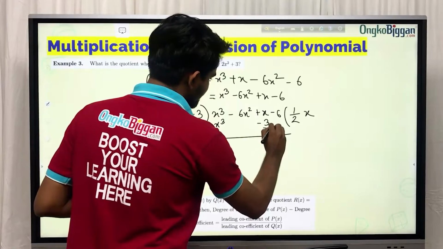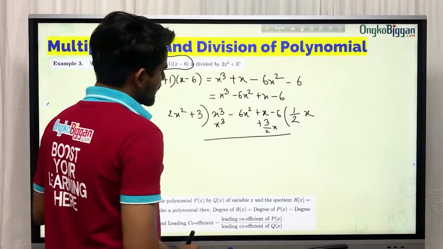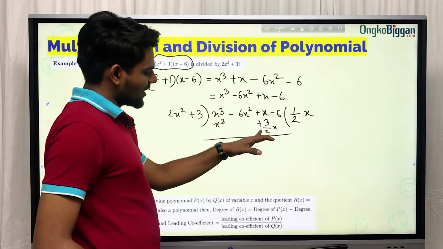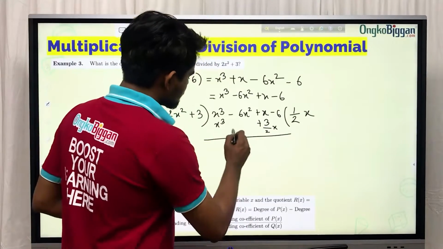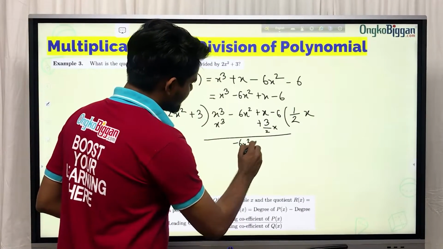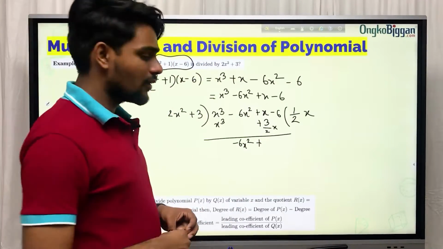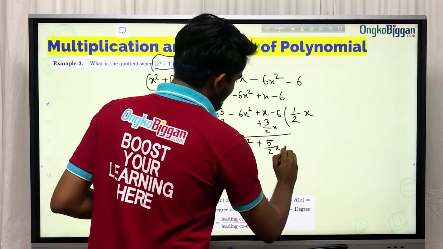So we have minus 6x square left, and minus 6 left, and we also have plus 3 by 2x left. So minus 6x square plus 3 by 2 plus x, that is 5 by 2x, minus 6.